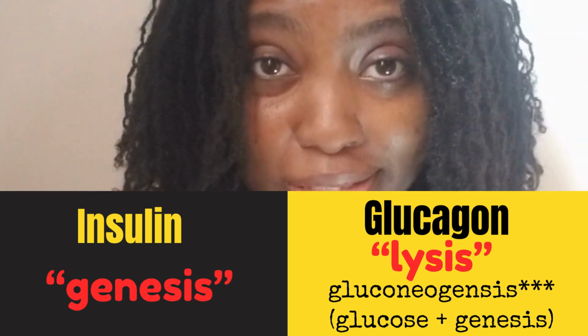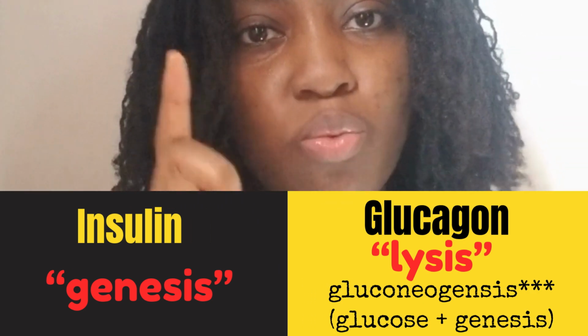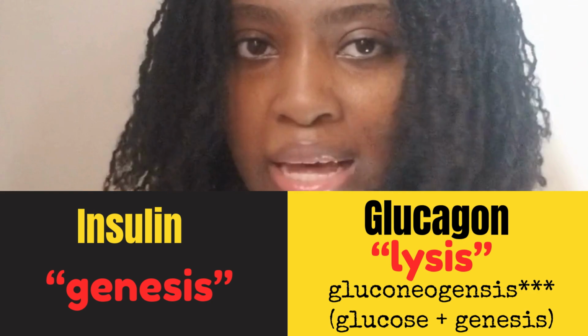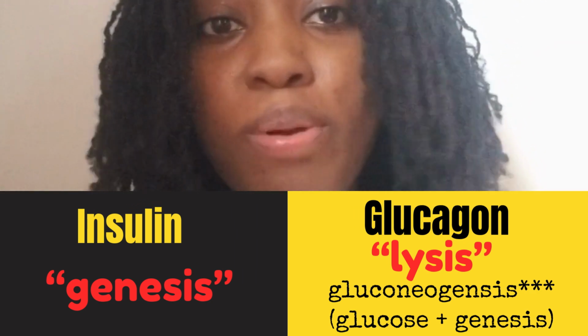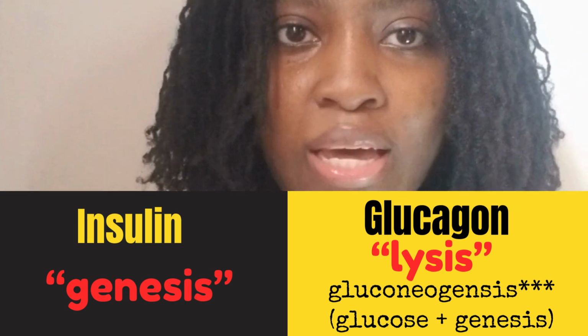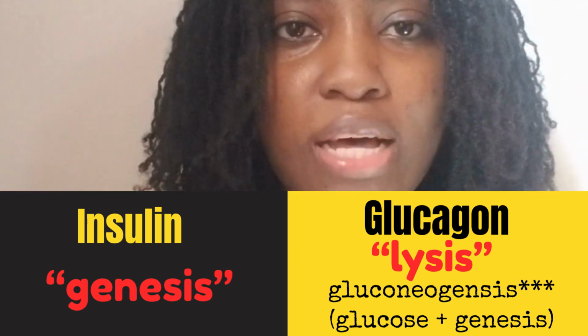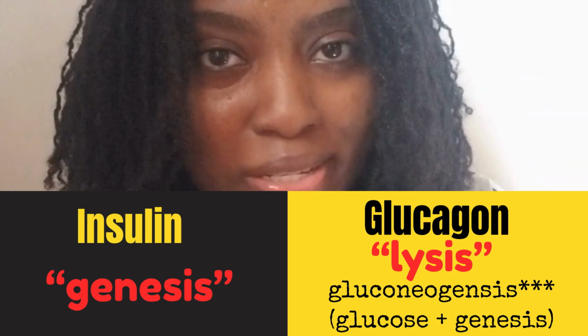But there is a caveat. There is an instance where glucagon is associated with genesis. That doesn't mean that glucagon is creating a complex form. No. In this instance, glucagon is converting one simple form to another simple form. And we call that gluconeogenesis.